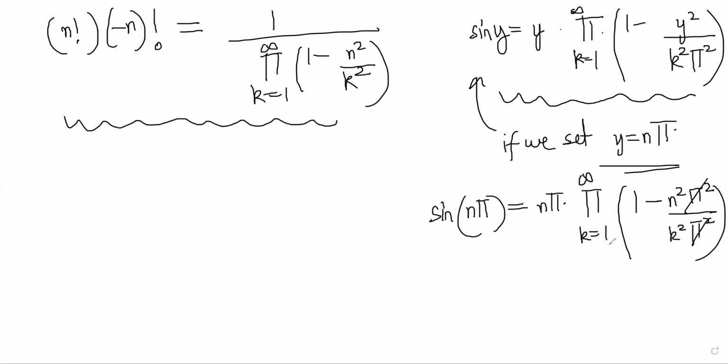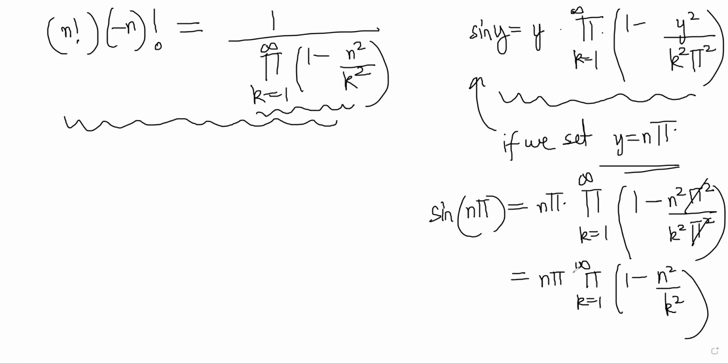Pi square gets cancelled and we get basically n pi times the product, k goes from 1 to infinity, of 1 minus n square by k square, right? And notice that this product is here, right? So we have this infinite product, and this infinite product is equal to sine n pi by n pi, right?